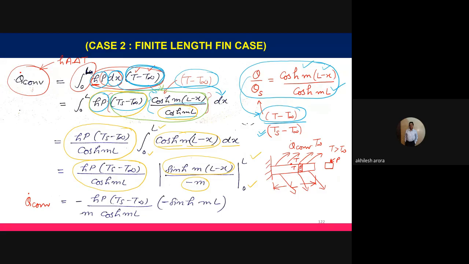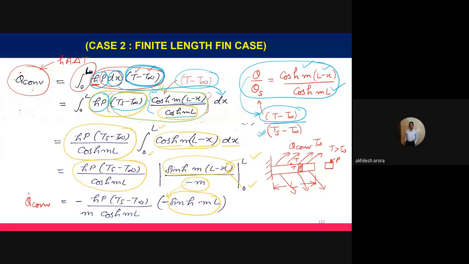We can simply put these values. When we put L in place of x, it would be sinh(0), and this value is 0. When we put 0 here, we get sinh(mL), which is written here, and the minus sign has been written here, and m has been taken.